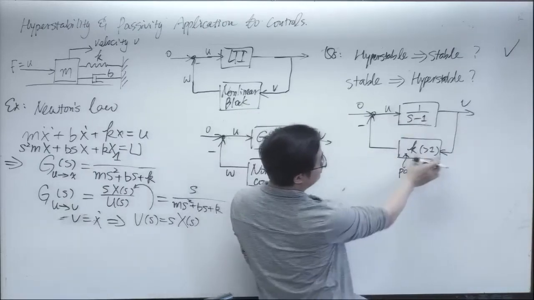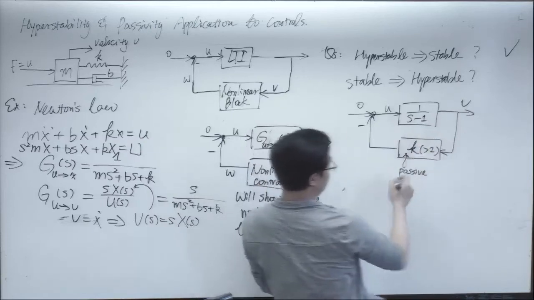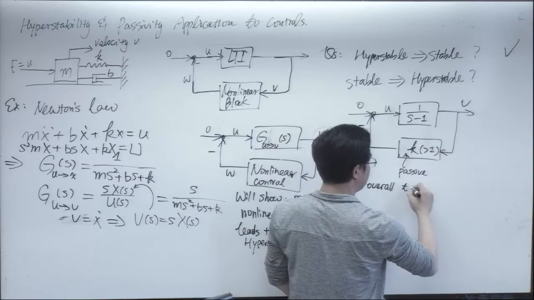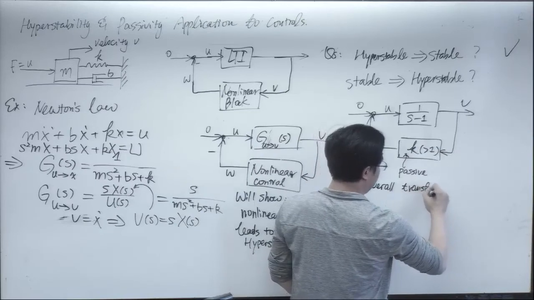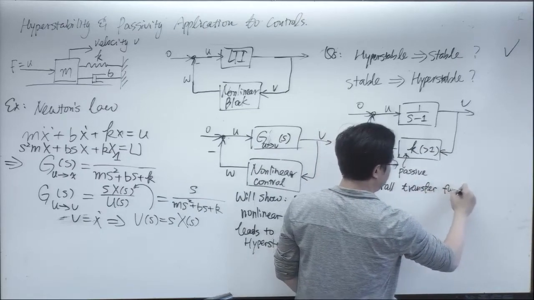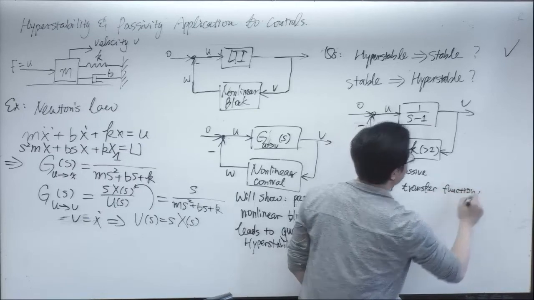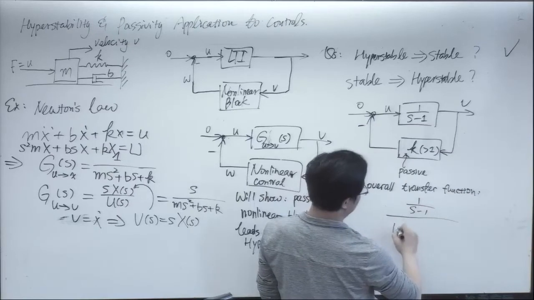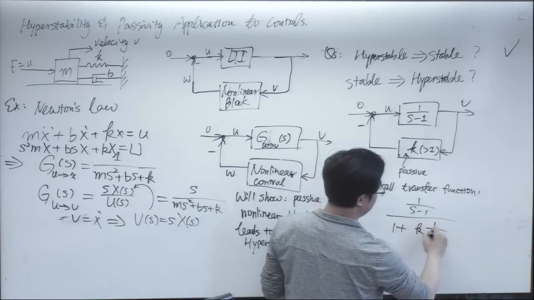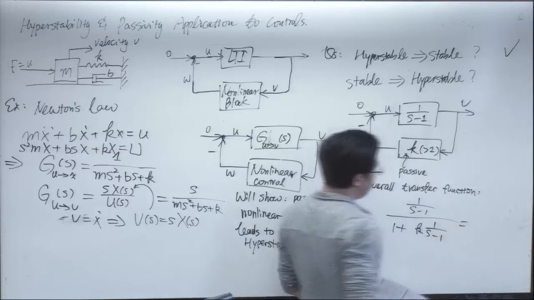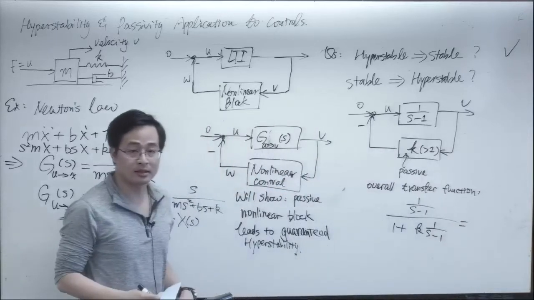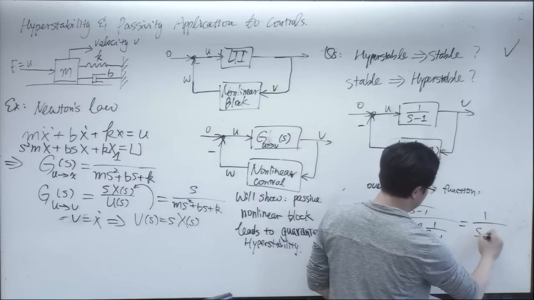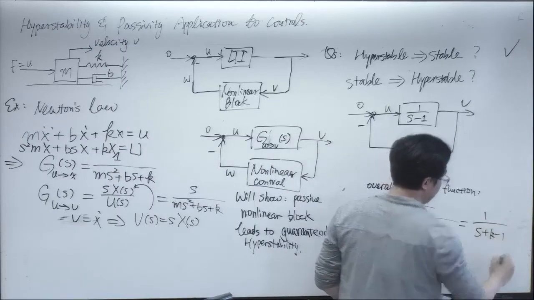And the whole feedback system, the overall transfer function, is 1 over s minus 1, over 1 plus k times 1 over s minus 1, from block diagram analysis. And it's going to be 1 over s plus k minus 1.